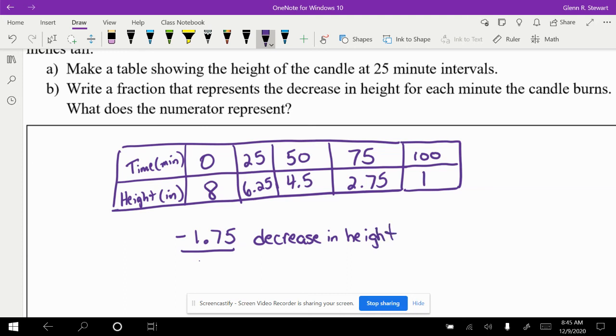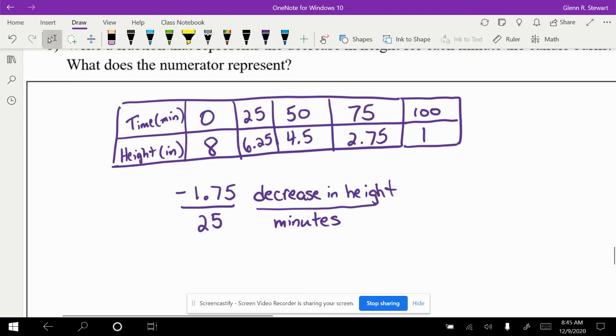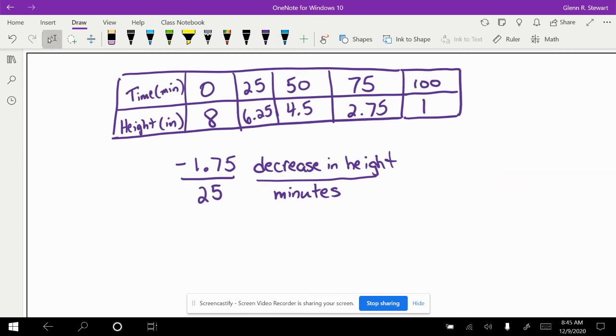Well, in this case, it does this for every 25 minutes. So we're just going to have to divide negative 1.75 divided by 25 to tell how much of the candle actually decreases per minute. So if we go ahead and do that, we should get approximately negative 0.07.